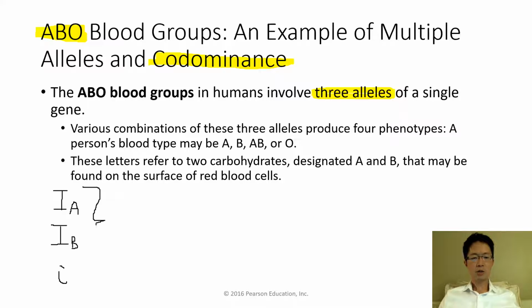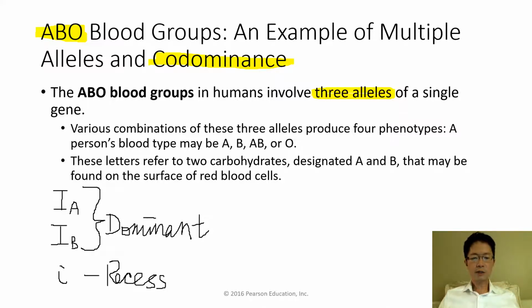So these 2 are dominant alleles. This one is recessive. So we call it codominant because for determining blood type, we have two dominant alleles.